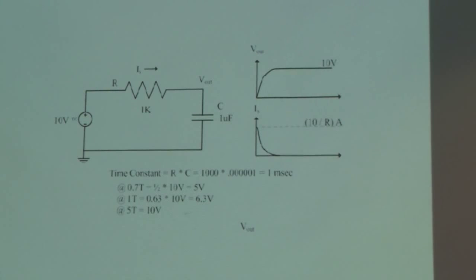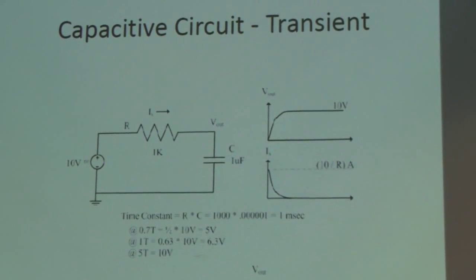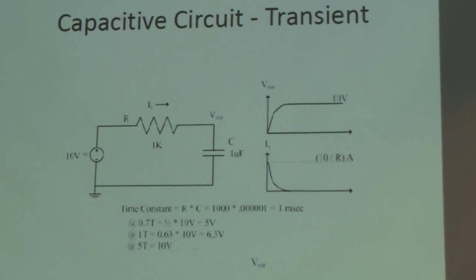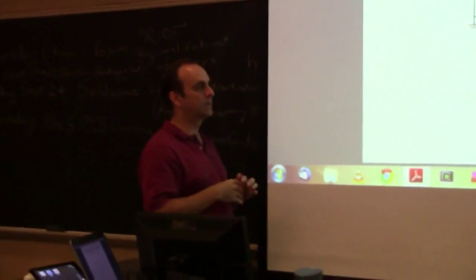Okay, so now we get to capacitors. Capacitors are much more involved. An ideal capacitor has one role, and that's to store charge. Now, are there ideal capacitors? Absolutely not, because a real capacitor is made of leads of metal, therefore it has resistance. Secondly, a real capacitor has dielectric in the middle.